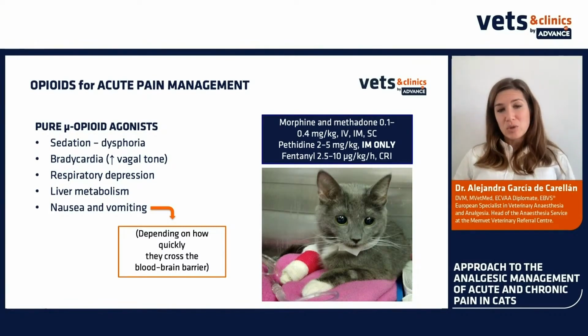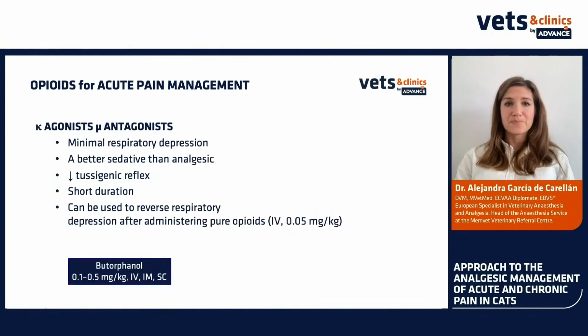They can have respiratory depression, and basically their metabolism is through the liver, hepatic metabolism, and they can cause nausea and vomiting, especially morphine, because depending on how quickly they cross the blood-brain barrier, they may cause some nausea and vomiting. So this is one thing to take into account when we give opioids to a cat.